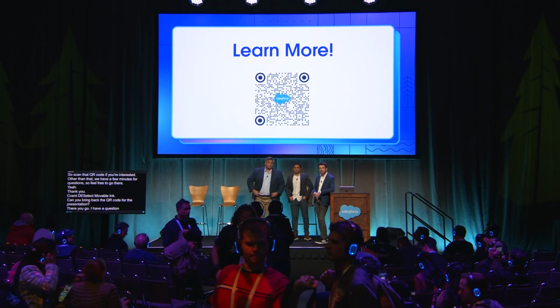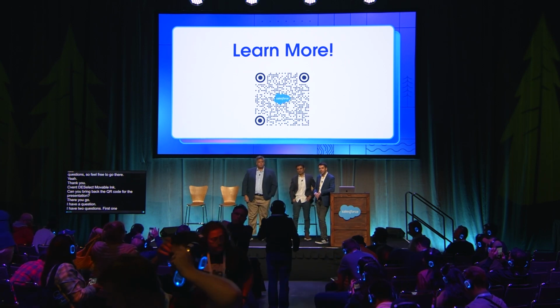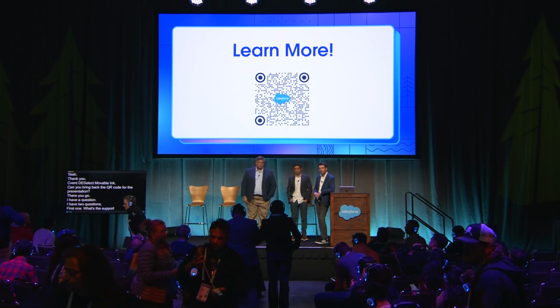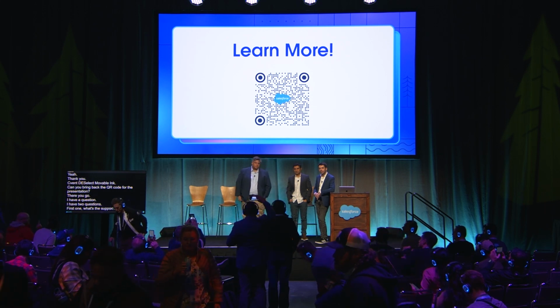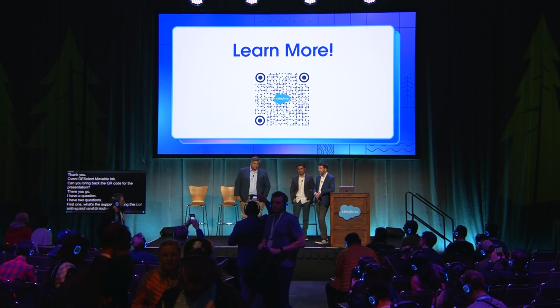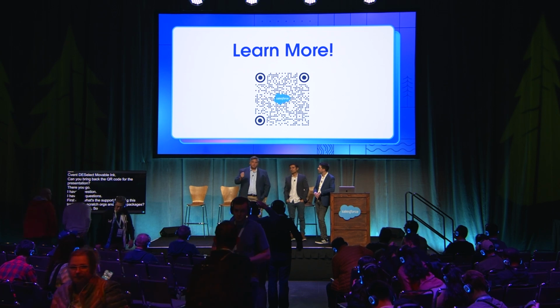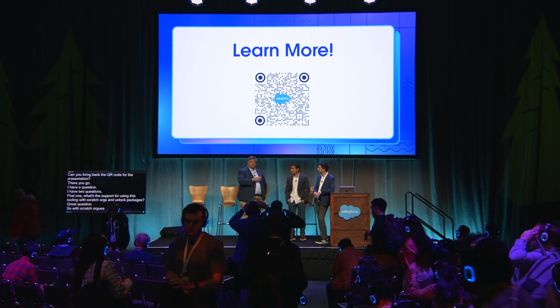I have two questions. First one, what's the support for using this tooling with scratch orgs and unlocked packages? Great question. So with scratch orgs, Testing Center is supported in scratch orgs. Testing Center, by the way, is supported in sandboxes and scratch orgs. So you can run agent tests in scratch orgs.